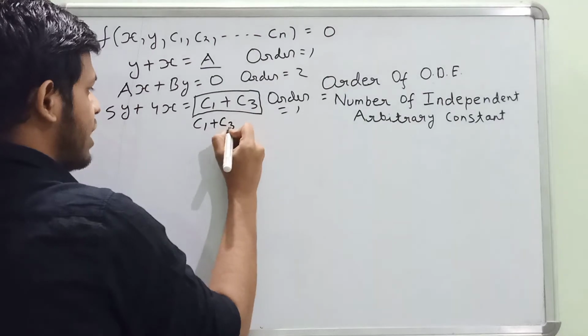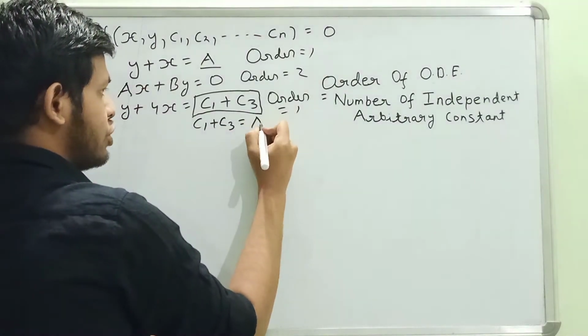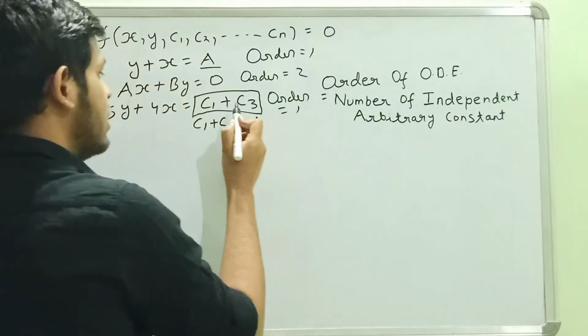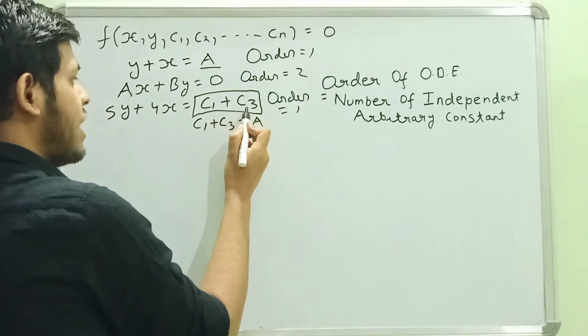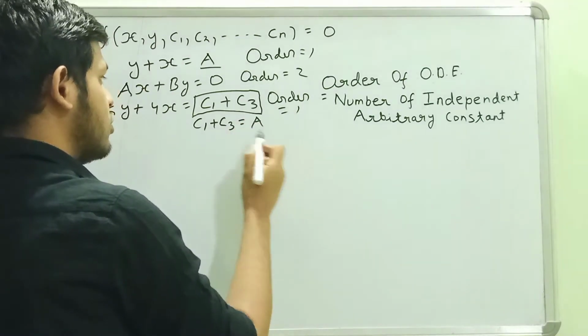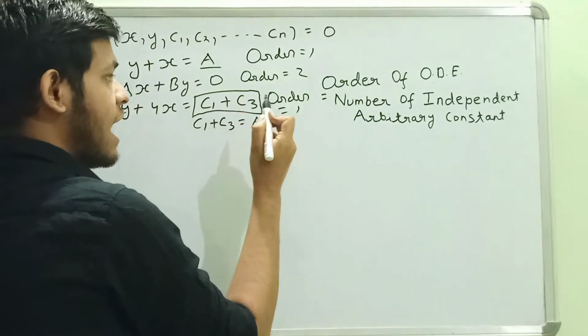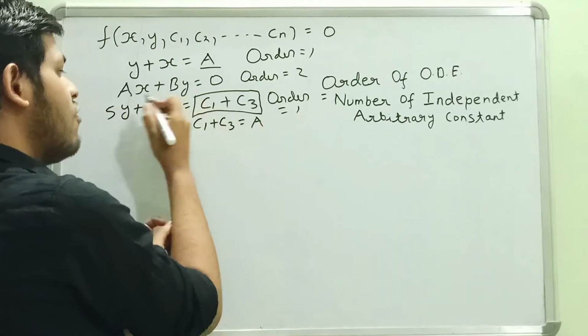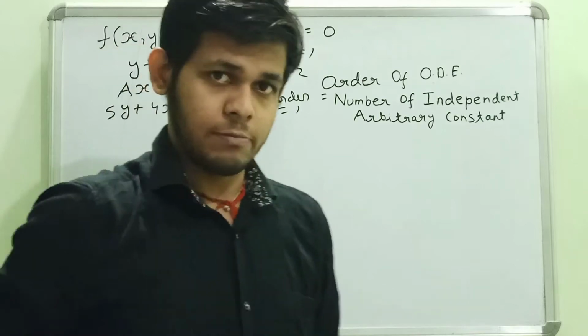We can assign C1 plus C3 as one arbitrary constant. So here I have written the number of independent arbitrary constants. Since the sum of these two arbitrary constants can be constituted as only one arbitrary constant, these two arbitrary constants are not independent. So here the order of the differential equation formed from this equation will be 1.